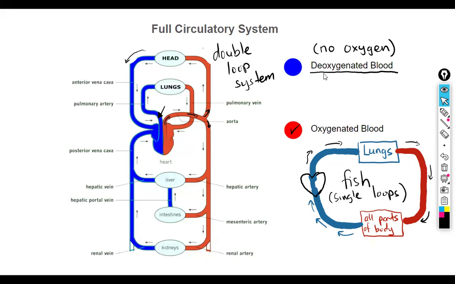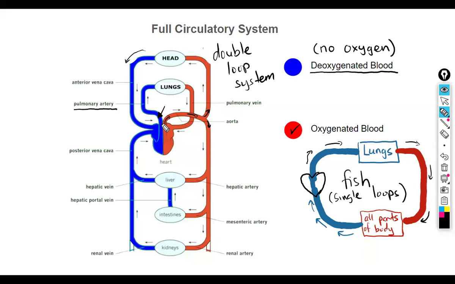Remember, when blood leaves the heart, it's called an artery. When blood returns to the heart, it's called a vein. Just to give you only three for the time being. You see the pulmonary artery?